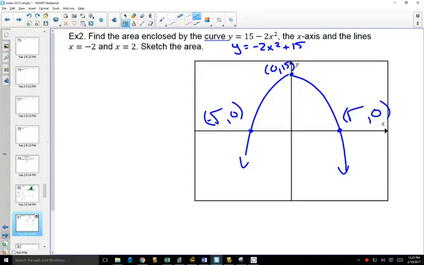If you solve for x squared, move the 15 over, divide by 2, then square root, can you see that these could be square root of 7.5? The reason I wanted to find out what those were is so that when we labeled 2 and negative 2 on here, I wanted you to see that 2 is going to be before the square root of 7.5, and negative 2 is going to be to the right of negative square root of 7.5. Why? Well, square root of 4 is 2, and square root of 7.5 is bigger than square root of 4.